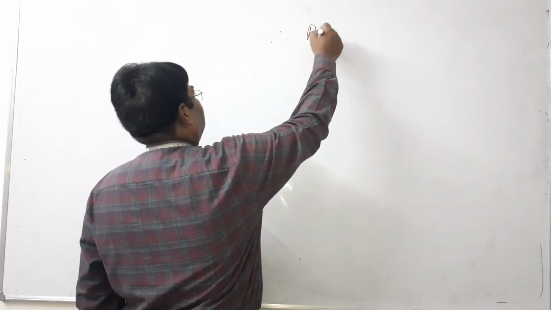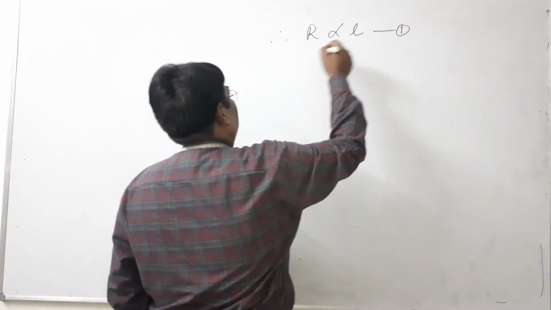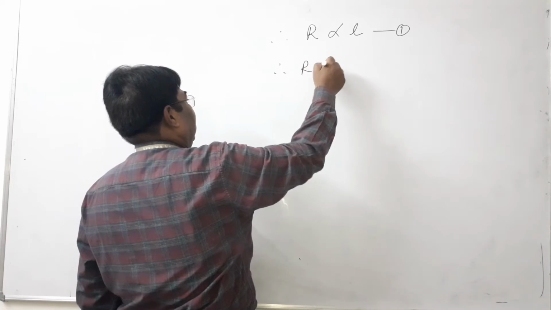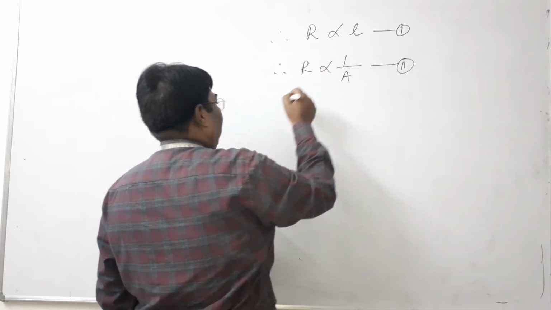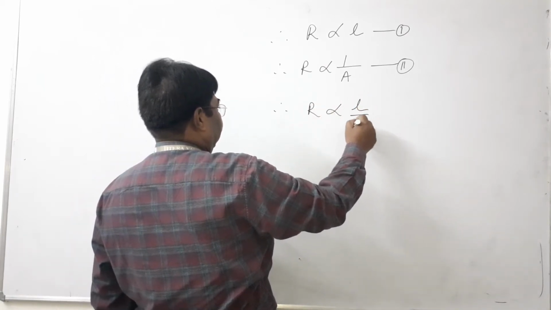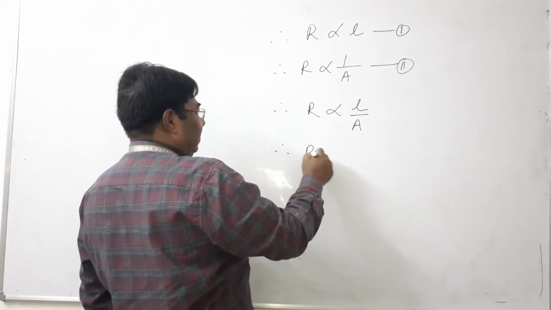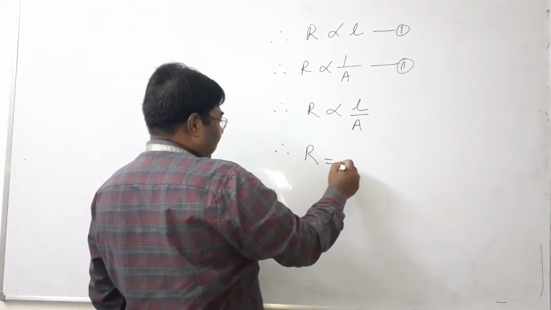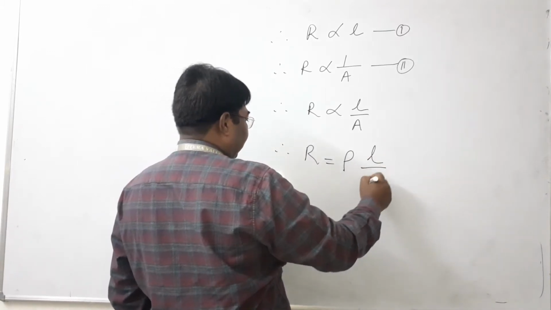Experimentally it is found that resistance is directly proportional to length, and resistance is inversely proportional to cross-section area. Now combining these two, R is proportional to L by A. To replace the proportional mark, we use a constant rho, so R is equal to rho L by A.